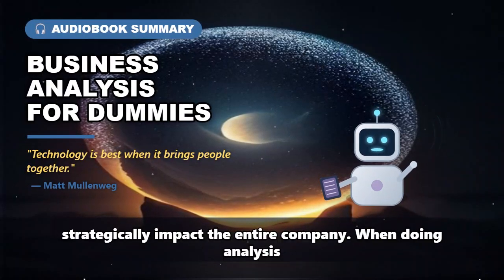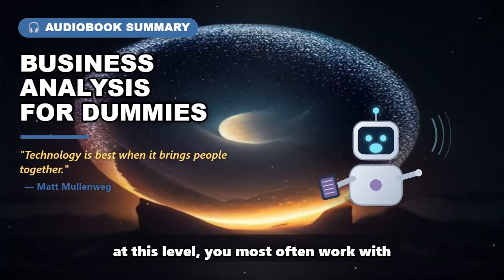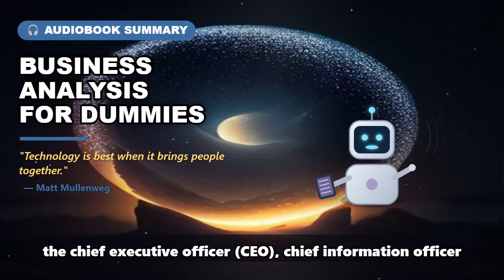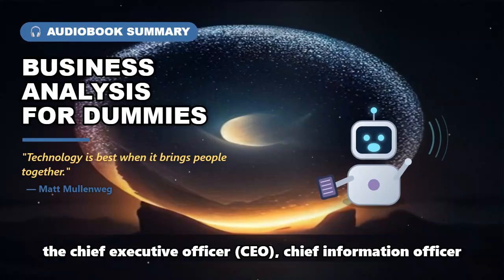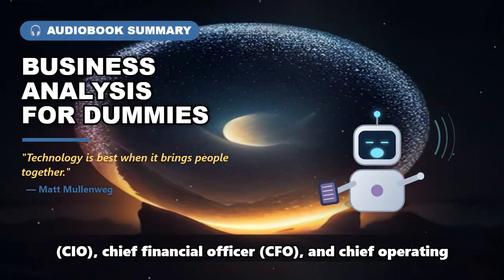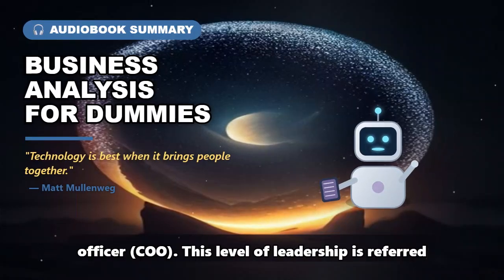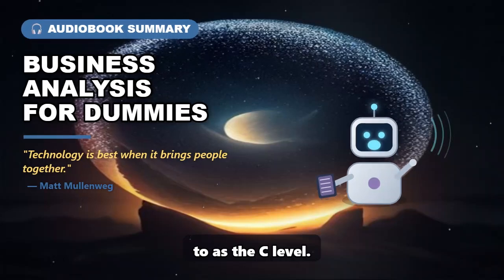When doing analysis at this level, you most often work with the senior leaders of the company, such as the Chief Executive Officer, CEO, Chief Information Officer, CIO, Chief Financial Officer, CFO, and Chief Operating Officer, COO. This level of leadership is referred to as the C-level.